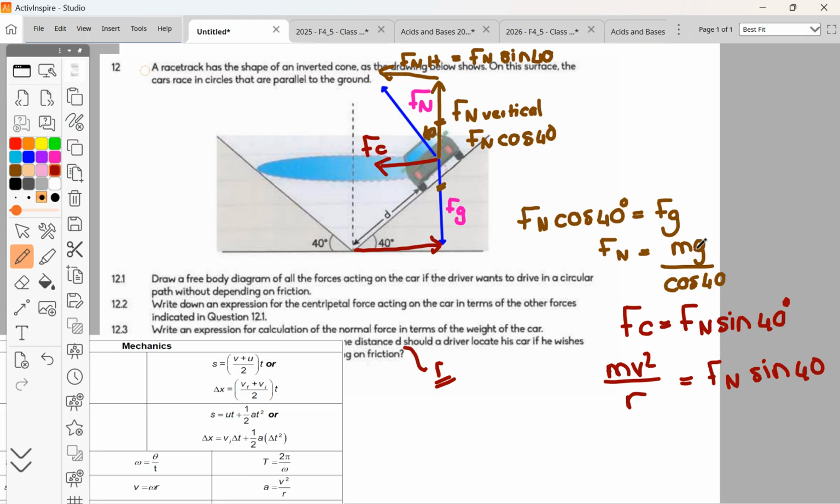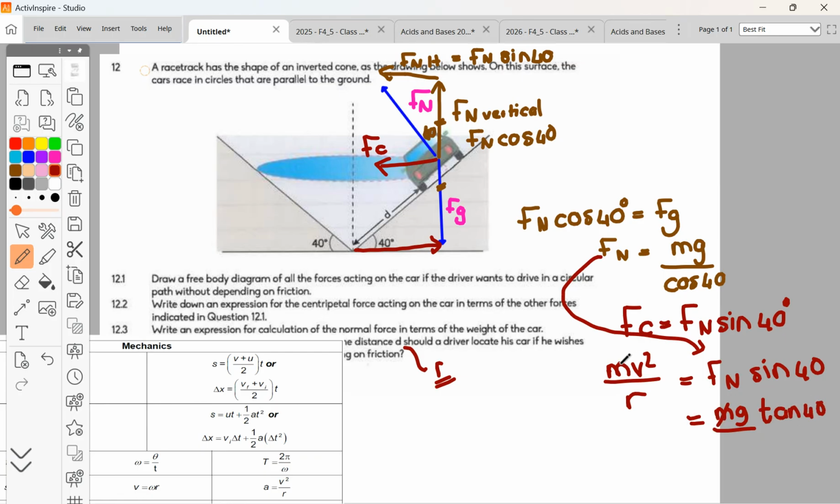So it's a bit of maths now, so we're going to just put this normal force in there, and we're going to get mg over cos 40 times sine 40, and you can simplify the maths there and say that sine 40 over cos 40 is going to give us tan 40.